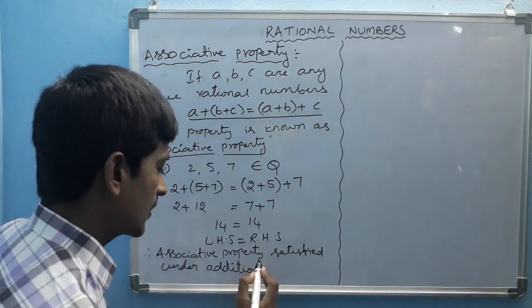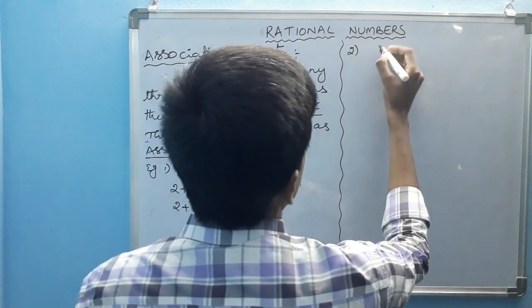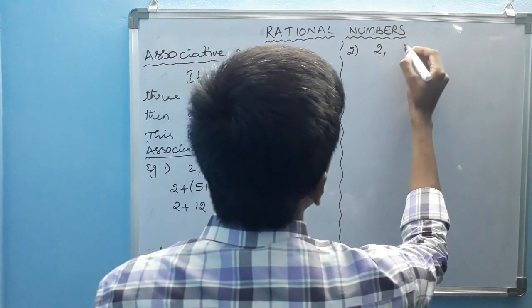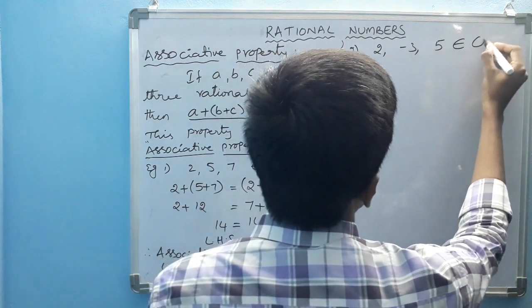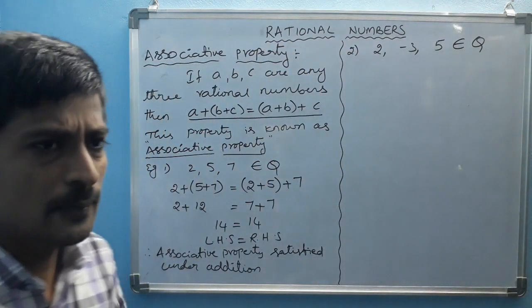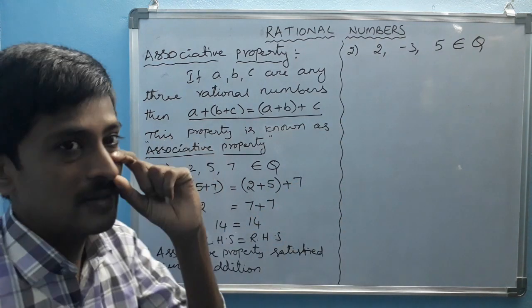Next, what about subtraction? Second one. 2, minus 3, 5 belong to rational numbers. Take positive numbers, negative numbers, fractions, anything, all are rational numbers.